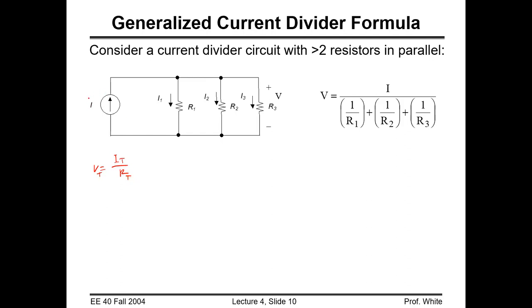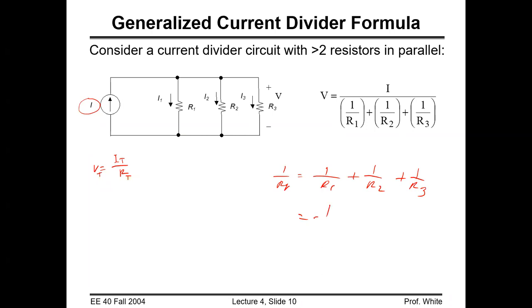If three resistances are the same, then the equivalent is divided by 3; if two resistances are the same, the equivalent is half. Suppose 30 and 30 and 30, then the equivalent is 10. Let's check: 1 by R equivalent is equal to 1 by R1 plus 1 by R2 plus 1 by R3.